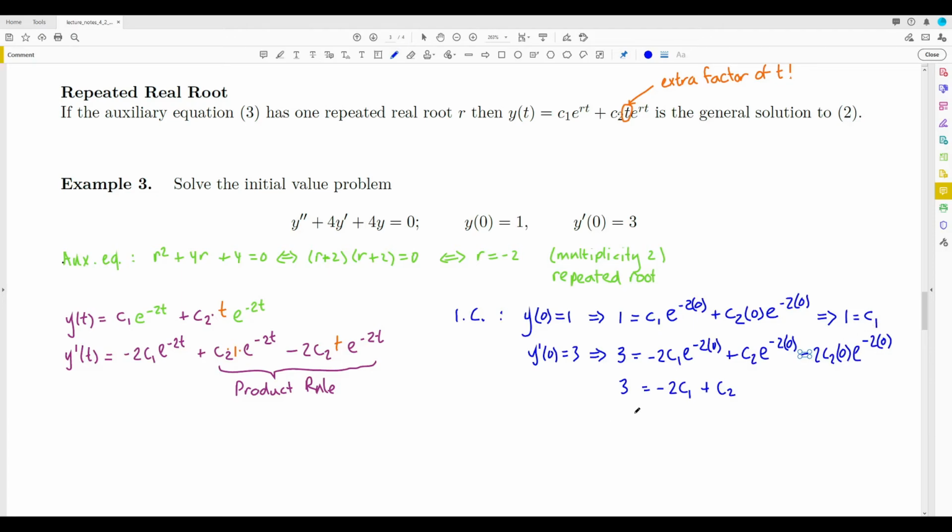We know that c1 is 1. So I put in 3 equals negative 2 times 1. We got that from here. Plus c2. And then bring this to the other side, and we get 5 equals c2.